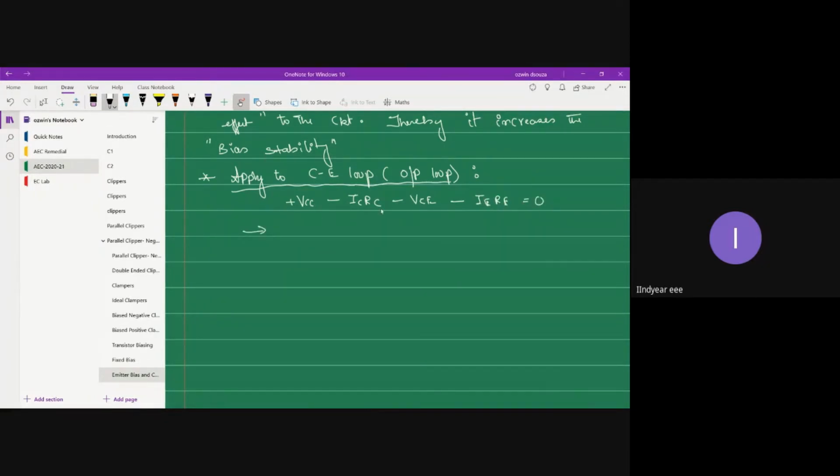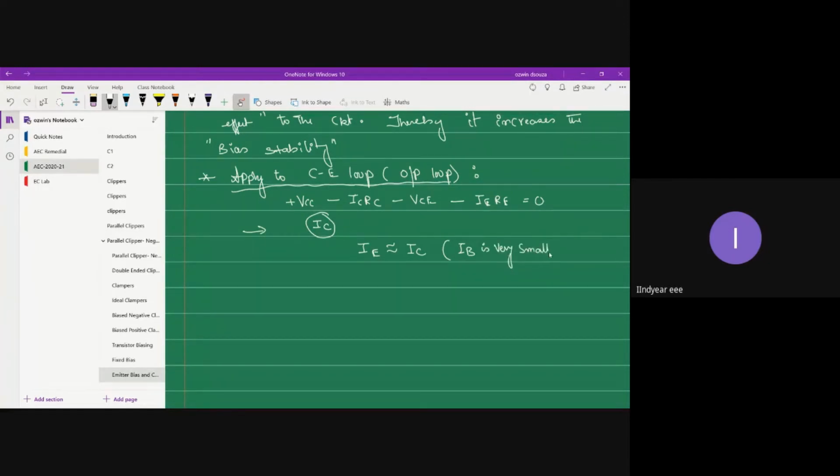Now over here, what you have to observe is that in the output circuit, I want the collector current. In the common emitter configuration, the output current is IC, but in your equation, IC is present as well as IE. So we know that the emitter current is approximately equal to the collector current, due to the fact that the base current is very small.